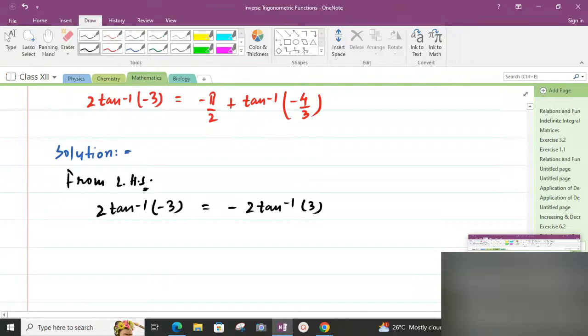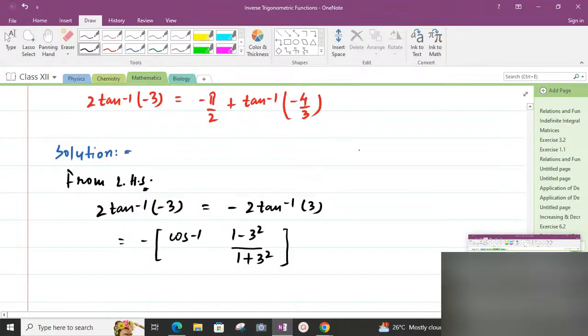So when we convert this into cos, the next step here will be minus cos inverse of (1 minus 3 square) by (1 plus 3 square). Hope there is no problem to understand up to this step.